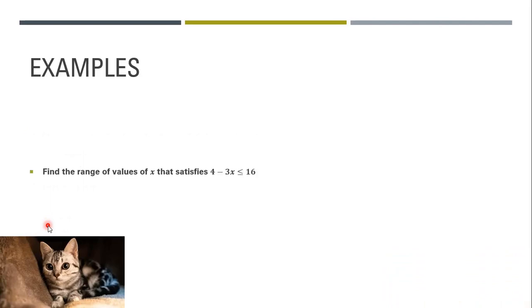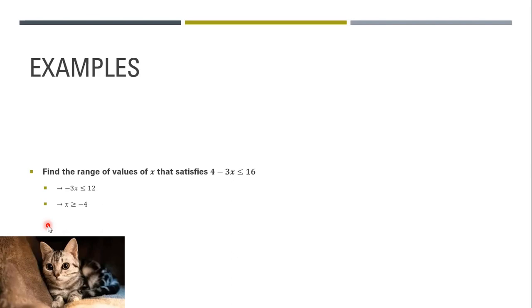Find the range of values of x that satisfies 4 minus 3x is less than or equal to 16. So if we add minus 4 on both sides, you get minus 3x is less than or equal to 12. If you then divide by minus 3, you get x is more than or equal to minus 4.